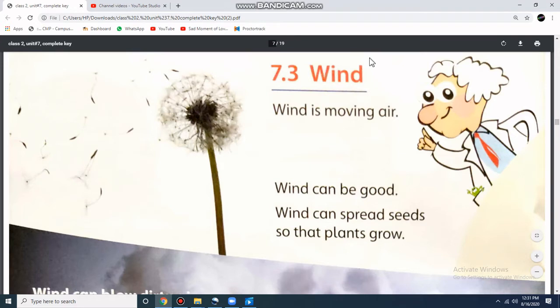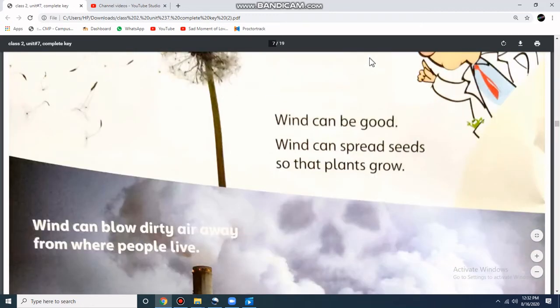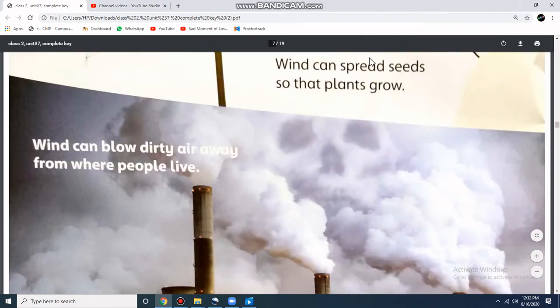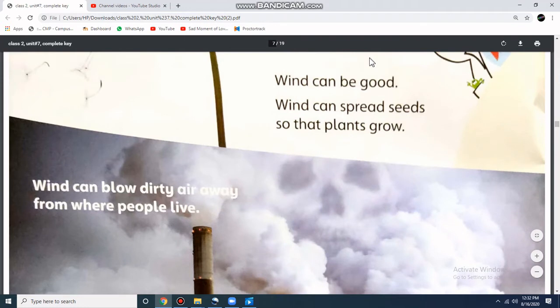Wind can spread seeds so that plants grow. The main and most important good point of wind, you have to memorize it, is that wind can spread seeds so that plants grow, right? Wind can blow dirty air away from where people live. These 2 points are very important.